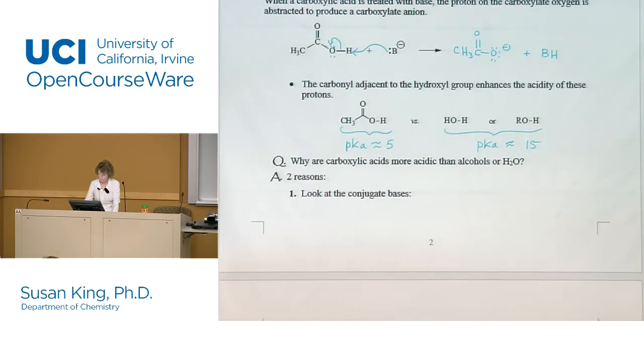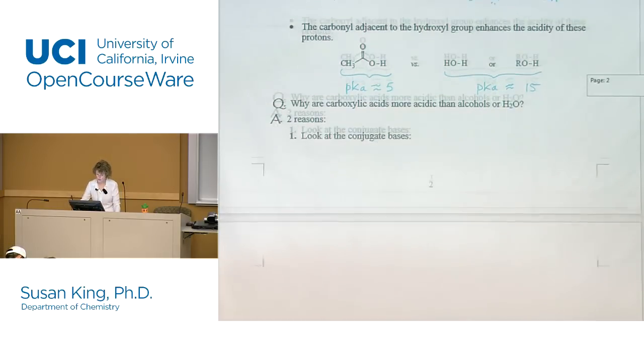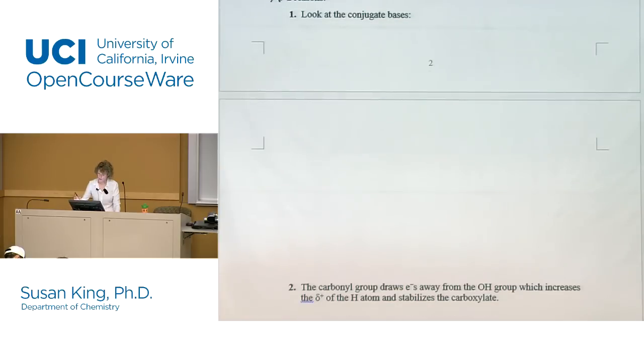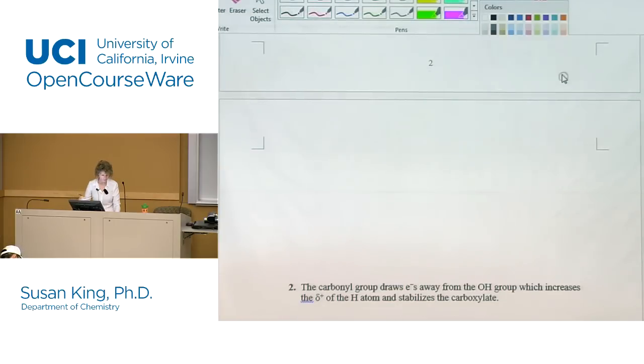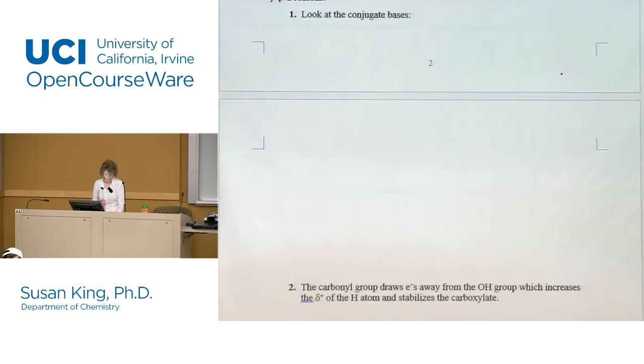So why are carboxylic acids more acidic? One of the first things we like to do when we're comparing acid strength is to look at the conjugate base. That's usually a very helpful way to go. So let's look at the conjugate bases and see if we can explain. We'll just pick methanol. Methanol would be very similar to water, but let's pick methanol.